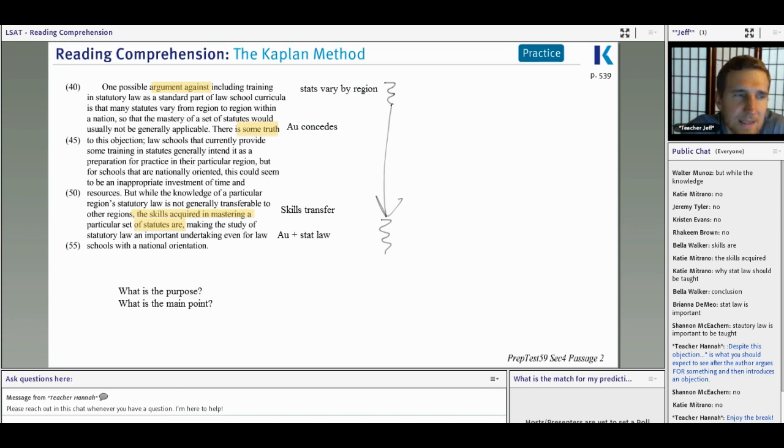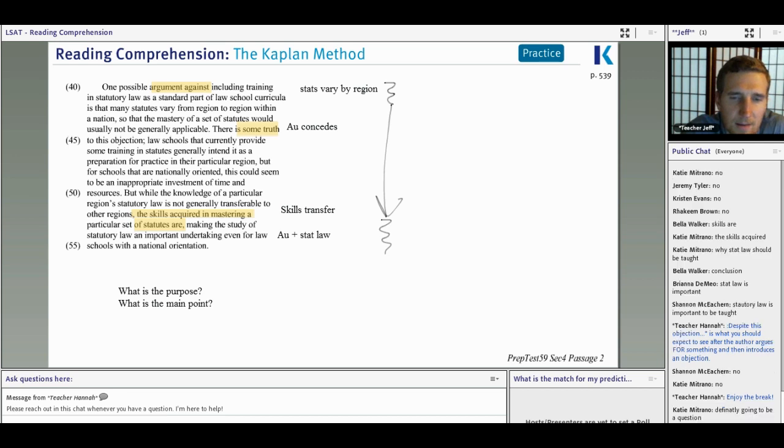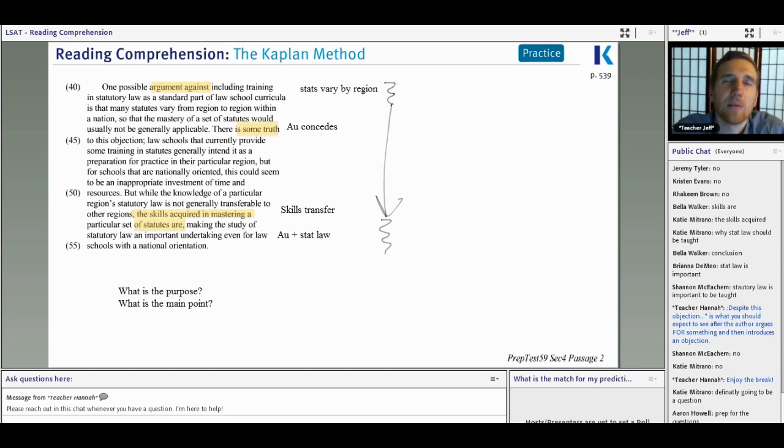What's the main point? What's that main idea? Because we're probably going to get questions about it, Katie, absolutely right. So we're going to be doing that after we go through the question types because I want it to be fresh in your head. But please note that at the very end of reading the passage, that is an excellent thing to do just to prepare yourself. And Aaron, yes, exactly right, to prep for the questions.